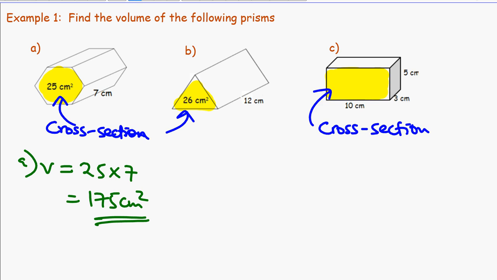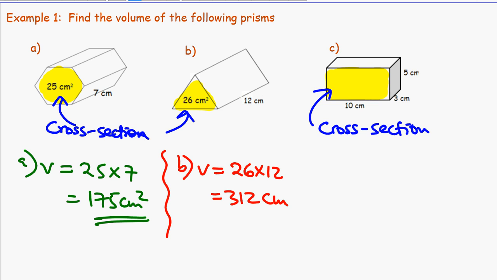In B as well, volume will be 26 multiplied by 12, which gives us 312 centimeter cubed. This is volume, so centimeter cubed.